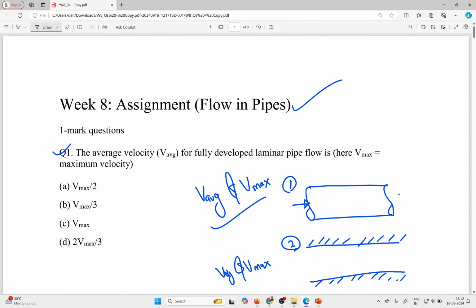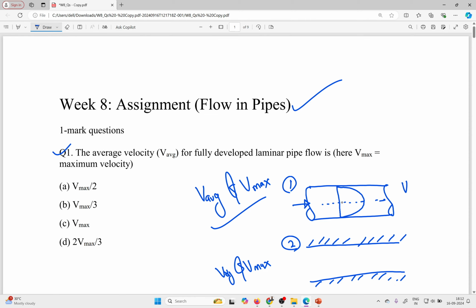Here V maximum, that is your velocity distribution, will be like that. If laminar flow, it will be parabolic. After fully developed flow, what do you mean by fully developed? I will discuss here.